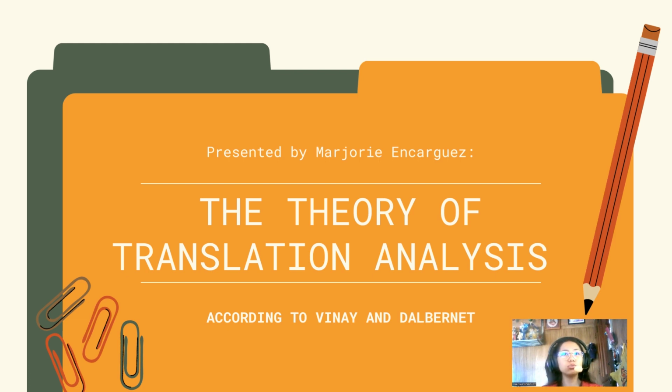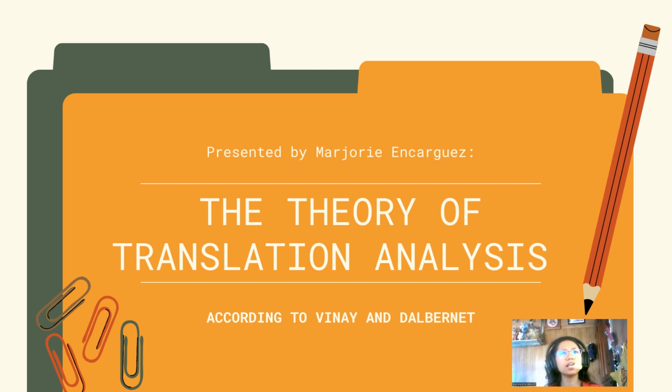You've been introduced to the overview of translation, its theories and how it was analyzed. You guys also already have some knowledge about Vinay and Dalbernet's concepts. So far, you've been introduced to the new translation category, the direct translation, the calque, and literal translation.